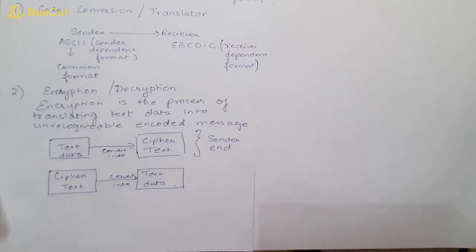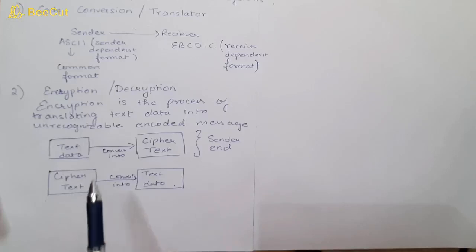When you receive the OTP password, you type it on the site, and when it is validated, only then will you be able to proceed further. Similarly, in case of encryption also, we use some key that will be known to the sender and receiver, which will prevent unauthorized access. That will be known only to the sender and receiver.